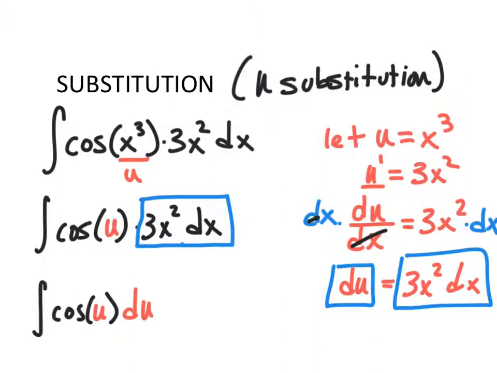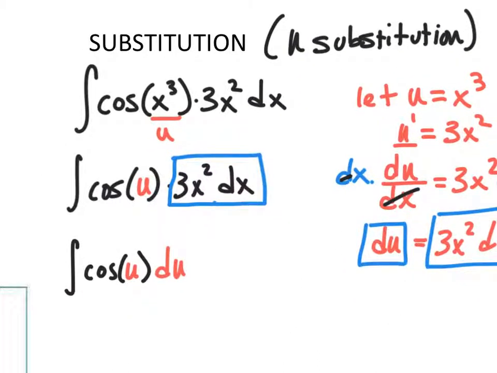Now, what I want you guys to see here is that I can now take the antiderivative of this. This is something that we know. And if I were to take the antiderivative of this, that's going to just give me sine of u plus c.